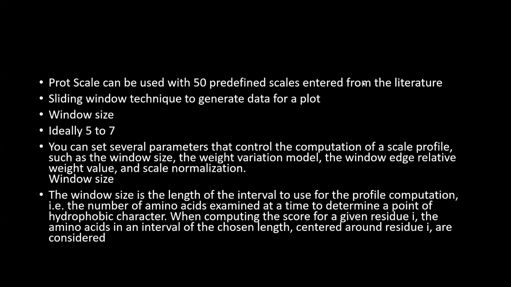Then why do I call it a sliding window? Suppose you first consider 5 amino acids, and on the basis of the amino acid scale values you draw a 2D plot. Then you move to the right by 1 amino acid, like your window is sliding.